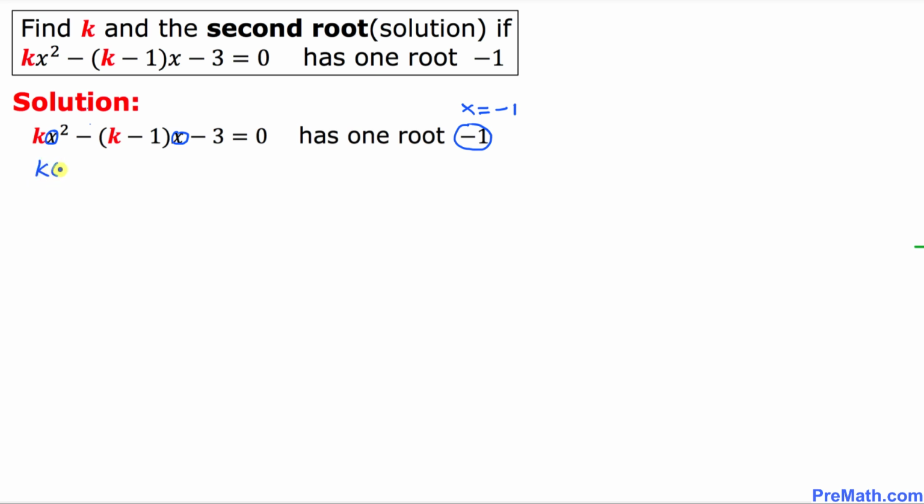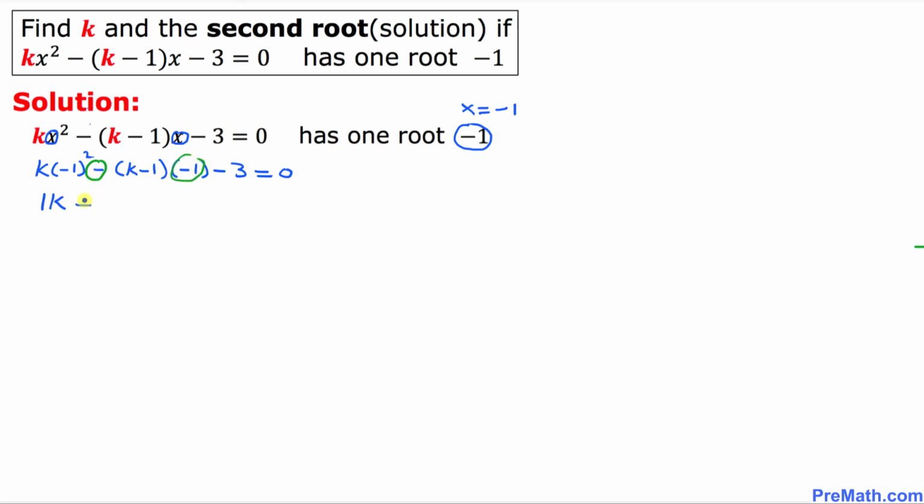k times (-1) squared minus (k minus 1) times (-1) minus 3 equal to 0. So here you can see -1 squared is 1. So this simply becomes 1k, and here this negative sign and this -1 is going to become +1.